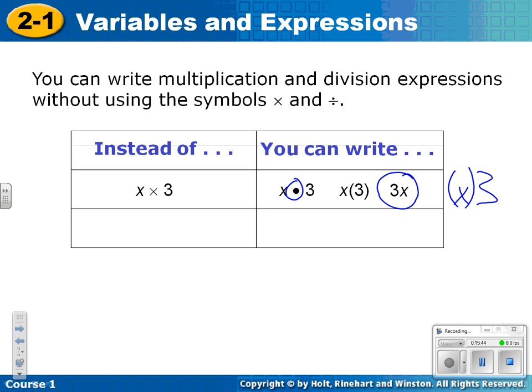We also have new ways to write division. What do you think 35 divided by y looks like? What's another way to write that? Any ideas? A slash mark? Do you know that every fraction you've ever seen is a division problem? 35 over y.